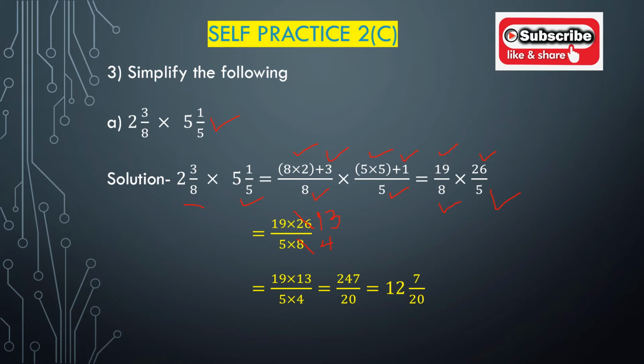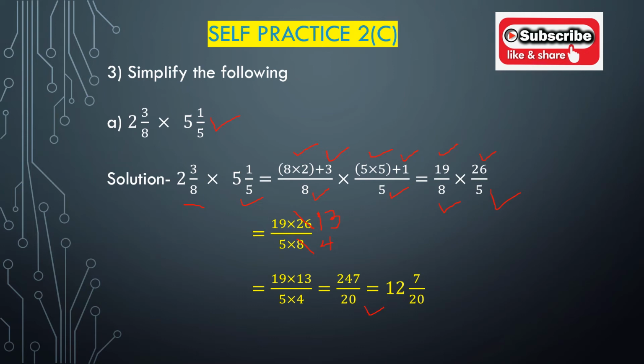So we get 19 multiplied with 2 in the numerator and 3 in the denominator. So 19 multiplied with 2 divided by 3 is 38/3, that is 12.